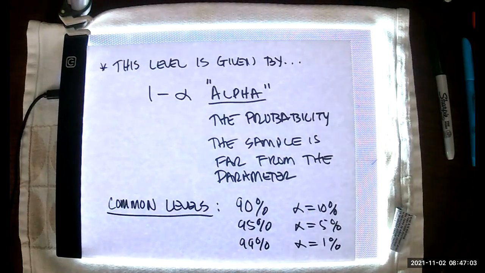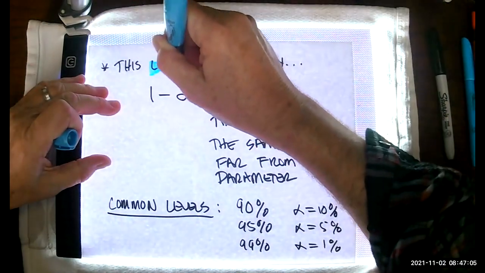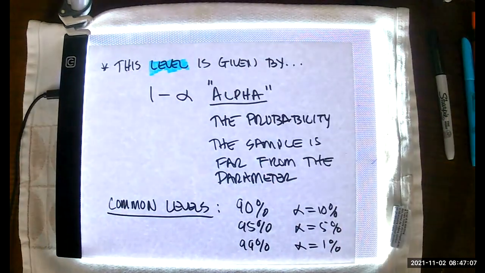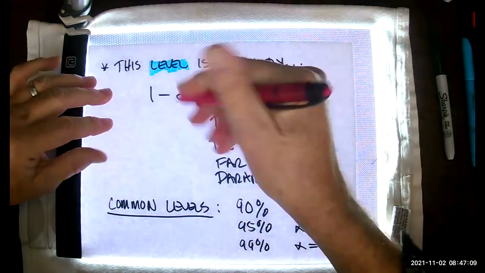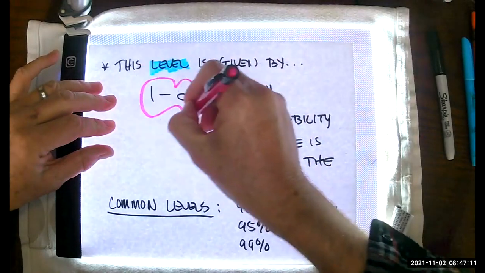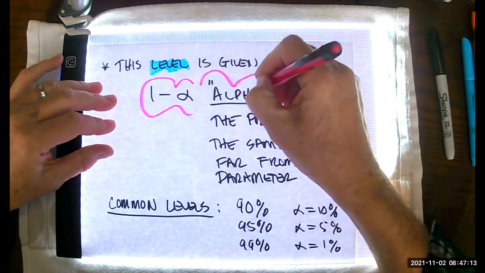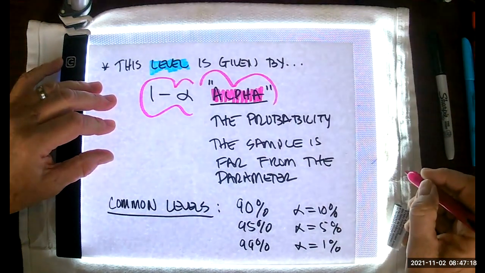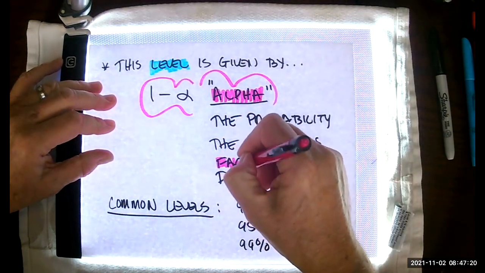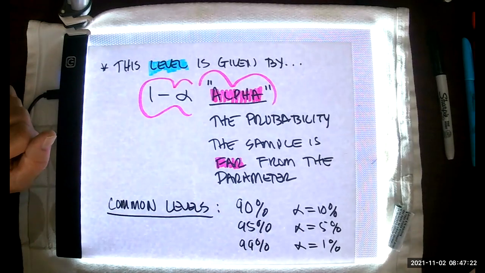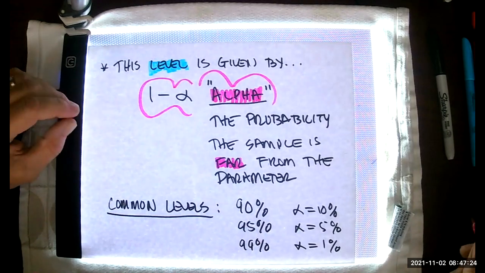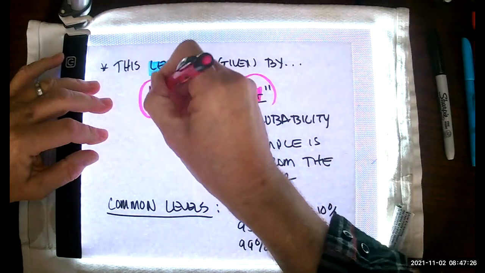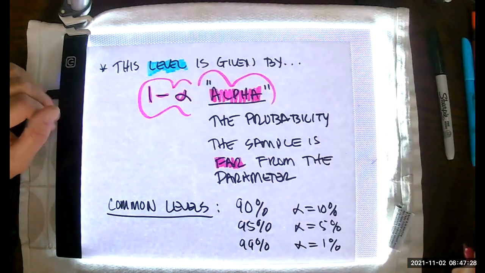And this level of confidence here is given by what we call 1 minus alpha. Alpha is a lowercase Greek letter. If I haven't used it already, I'm going to be using it a lot now. And alpha is the probability that the sample is far from the parameter. That's the probability. Alpha is the probability. 1 minus alpha gives us the level of confidence.